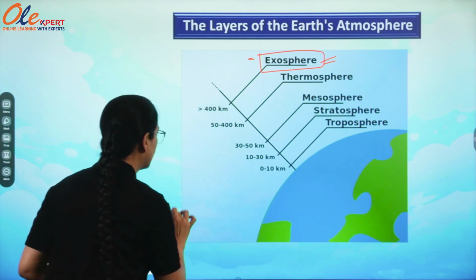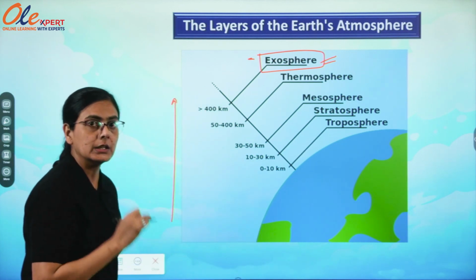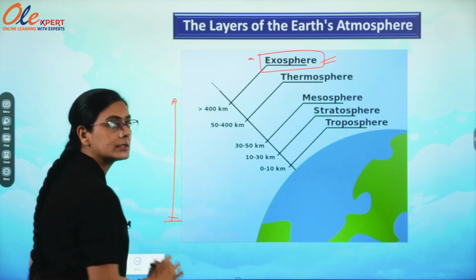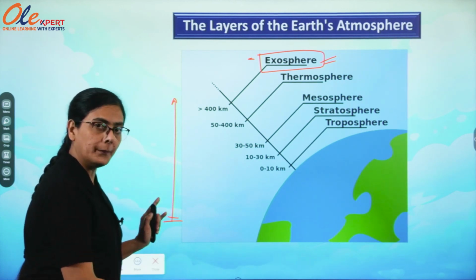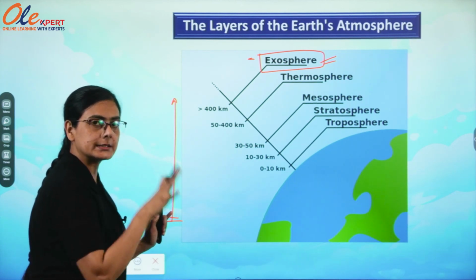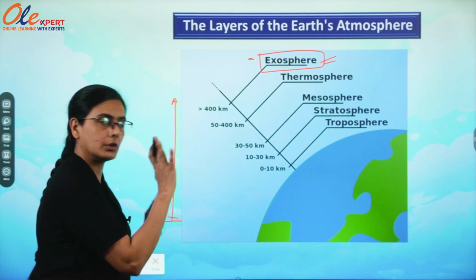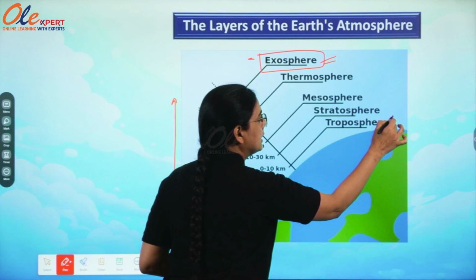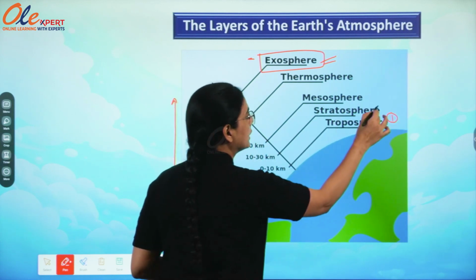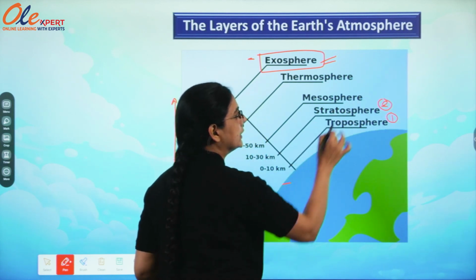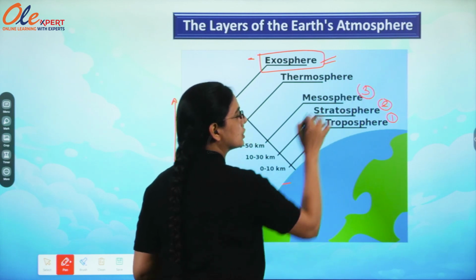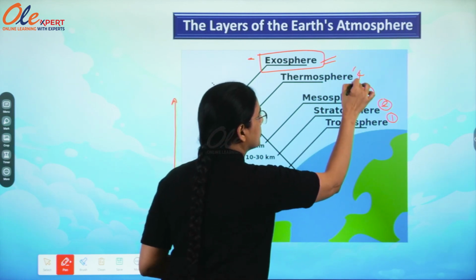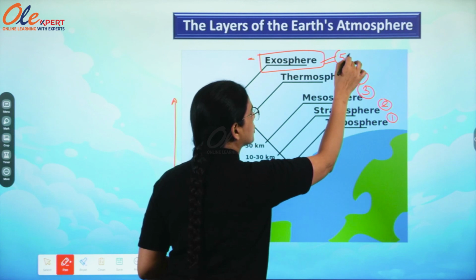So we are talking about vertical layers of the atmosphere from the Earth's surface till space. The first layer will be the troposphere, the second the stratosphere, the third the mesosphere, the fourth the thermosphere, and the fifth the exosphere.